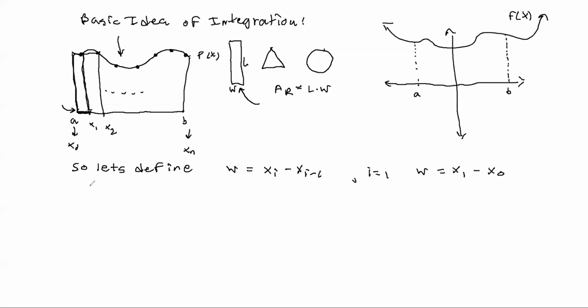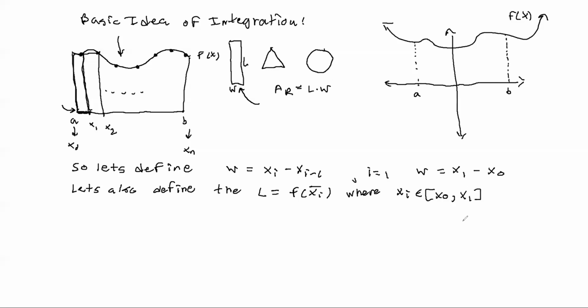So let's also define the length to be f of x sub i bar, where x sub i bar resides in the interval of x sub i minus 1 to x sub i.